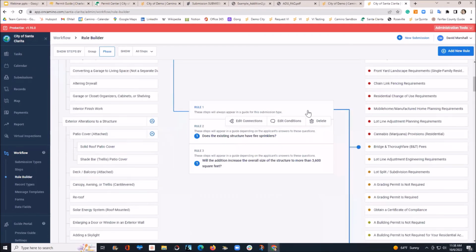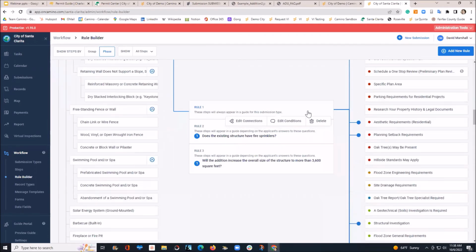Rule 1 is these steps will appear in a guide of this submission type, right? So always we're going to have these steps will occur. And you can see how very easily we can point to specific steps, or we can edit those connections, disconnect, add to new steps, whatever.